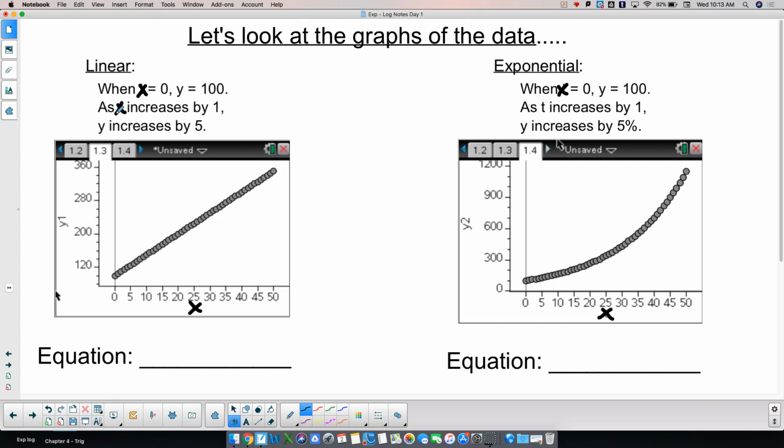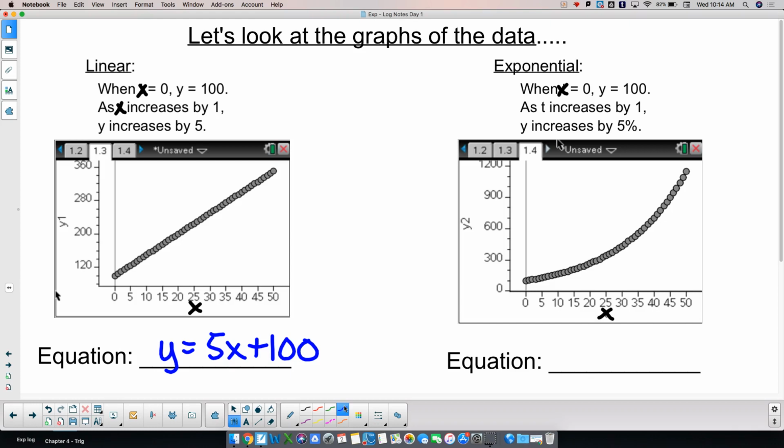So I'm going up by 5 every single time. That equation would be Y equals 5X plus 100. Y-intercept of 100, slope of 5, looks like that. That's a linear equation.